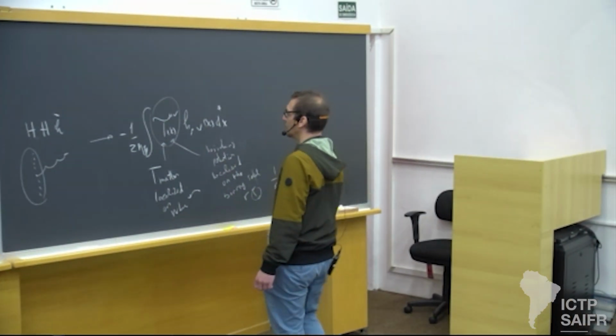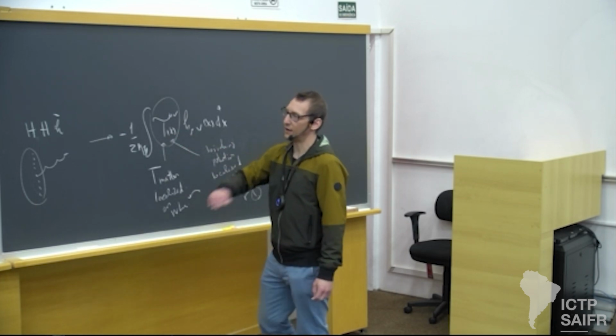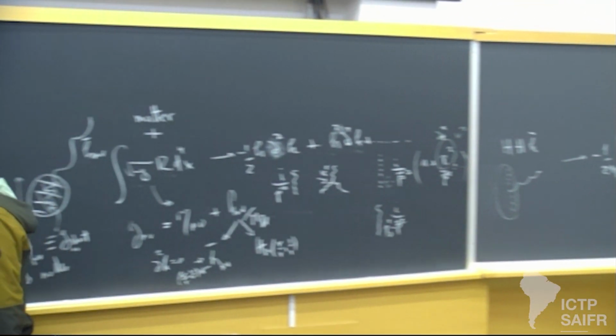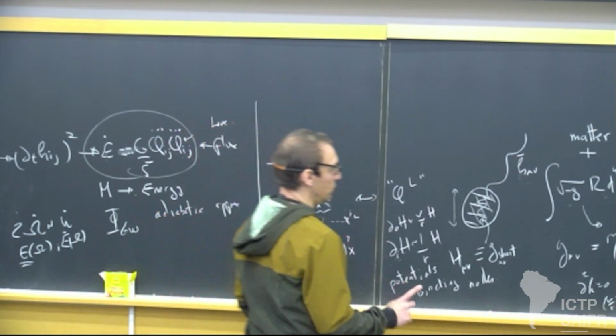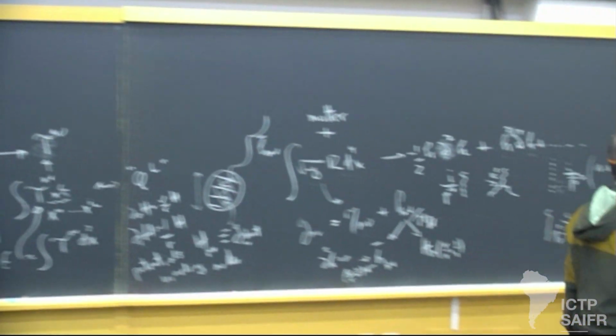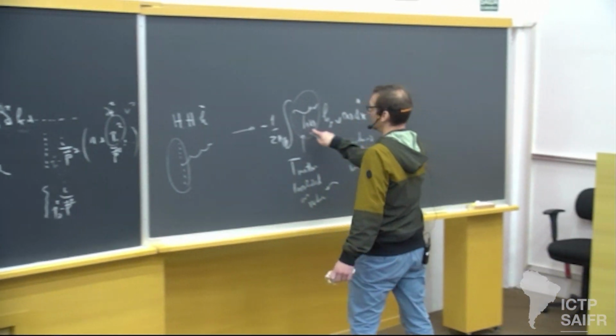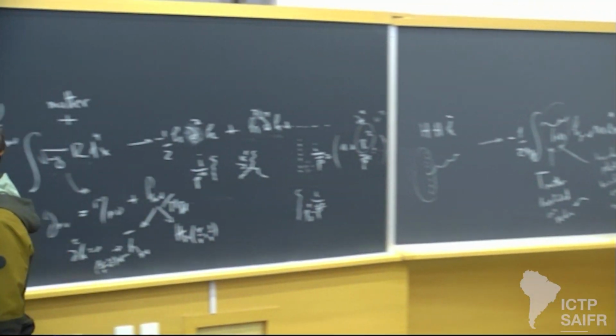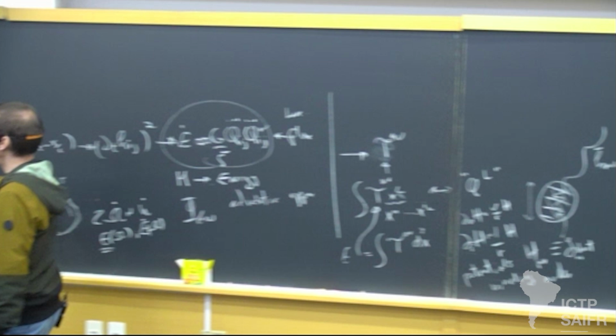So good. We want to extract this guy. How are we going to do that? And also, how do I go from this to this here with my QE coupling?